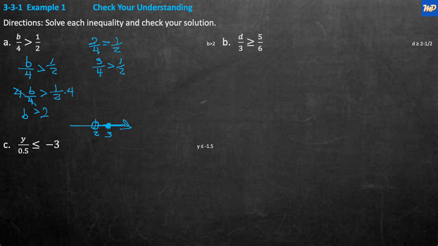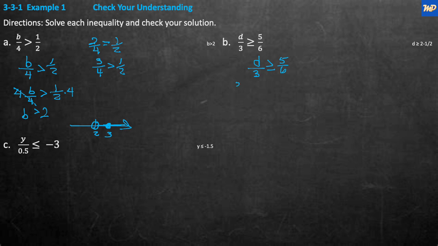Let's do the next one. d divided by 3 is greater than or equal to 5 divided by 6. Well, as we did in problem a, we're going to multiply both sides by 3 using the multiplicative property of inequality to undo the division by 3.